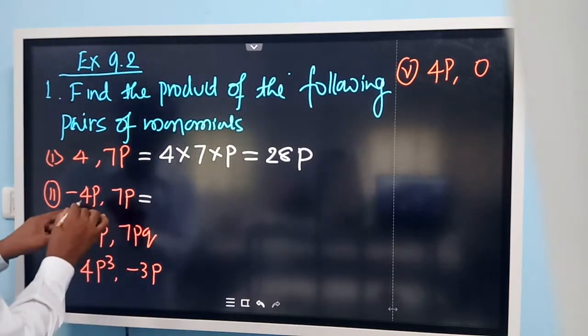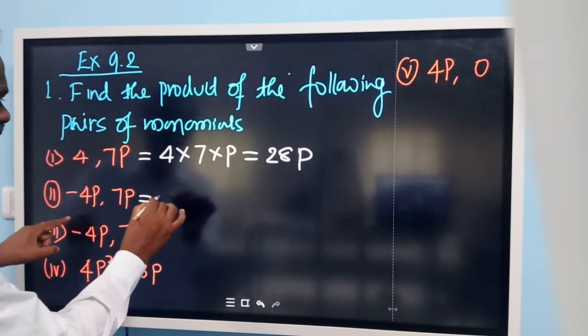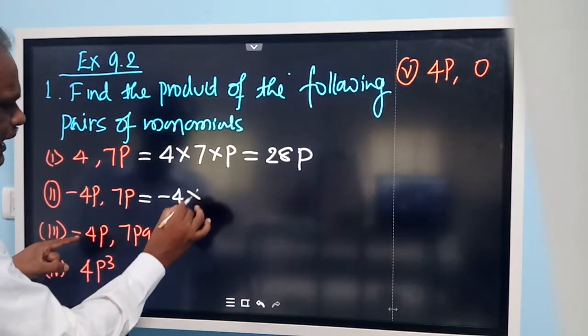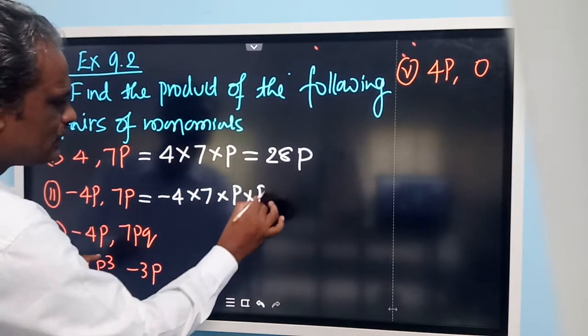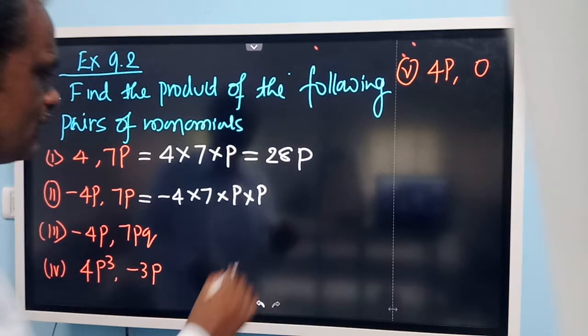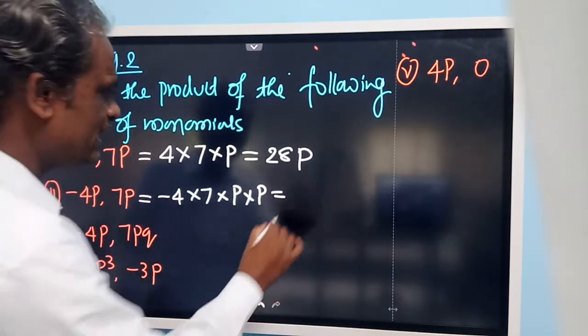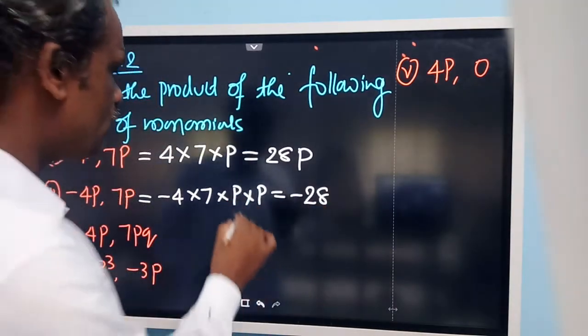Next, here minus 4p and 7p you have to multiply. First you multiply minus 4 and 7, then the variables p into p. So you will get minus 4 into 7, minus 28, p to the power 1 and p to the power 1.